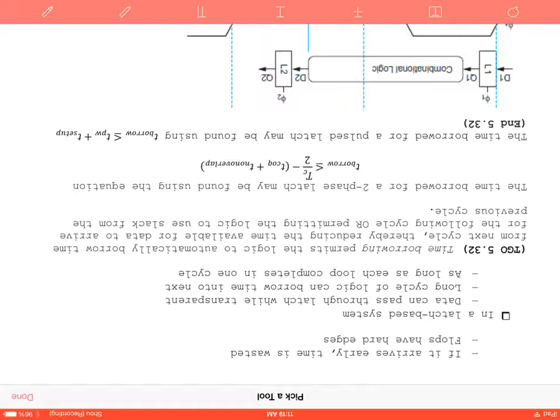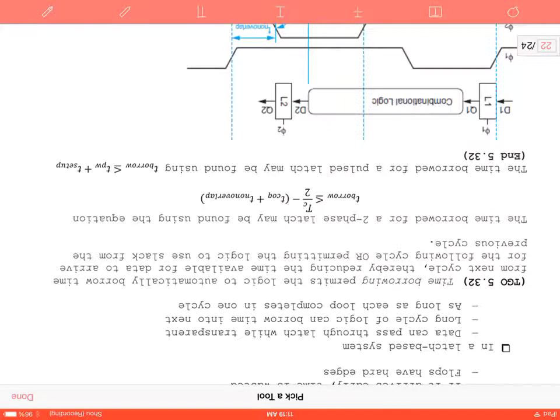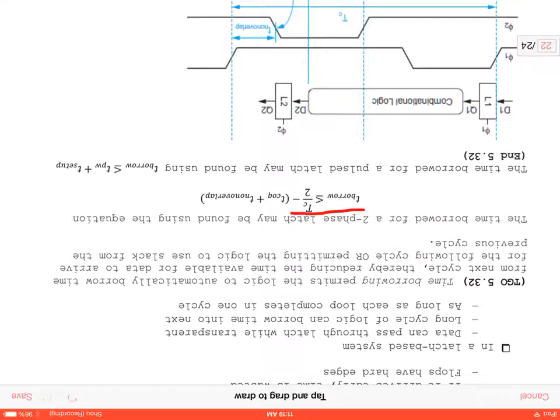We calculate the time borrowed for a two-phase latch as less than or equal to your clock cycle time divided by 2, minus your contamination delay t_cq, plus your non-overlapping time.